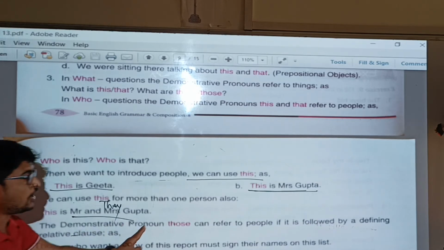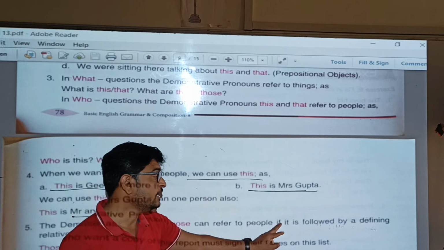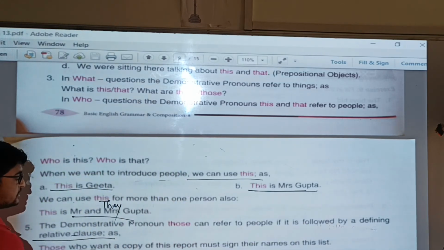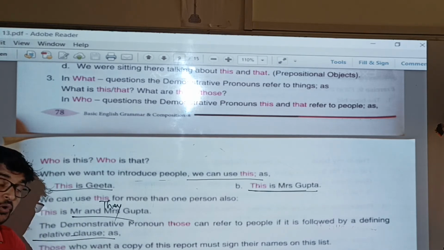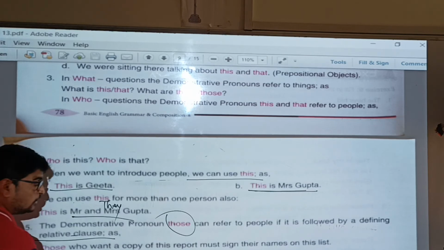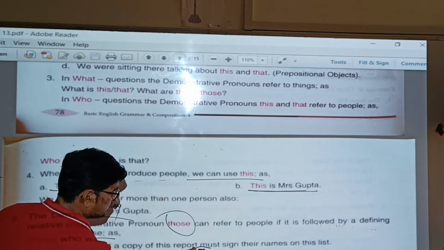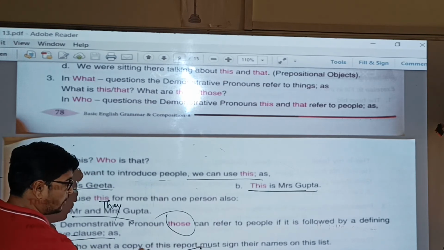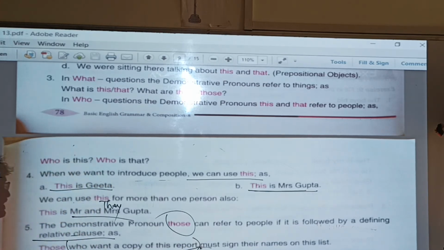Now number 5, and it's very simple. The demonstrative pronoun those can refer to people if it is followed by a defining relative clause. अगर कोई clause होगा तो हम those use कर सकते हैं. We already know about clauses. Those who want a copy of this report must sign their names on this list.